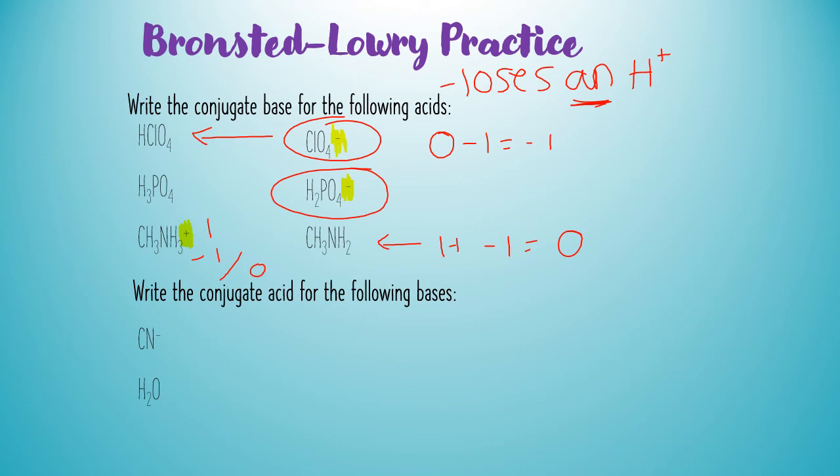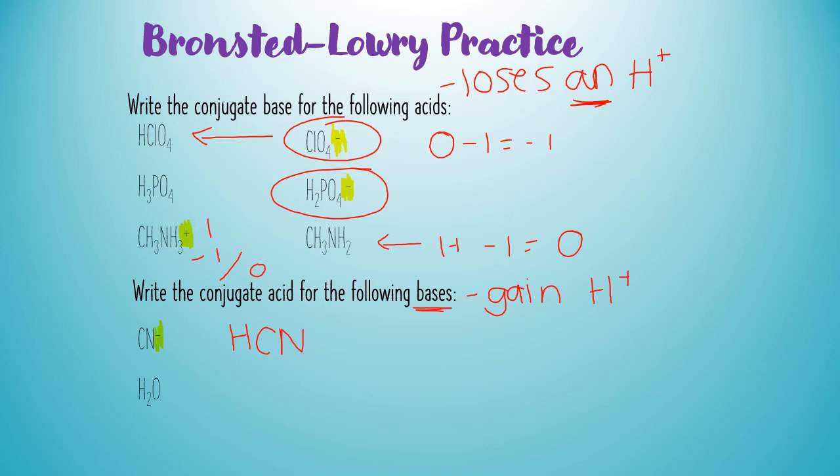Okay, and then we're going to write the conjugate acid for the following bases. Now the base will gain an H positive. So CN, and that is a negative symbol right there. When it gains an H, it becomes HCN.